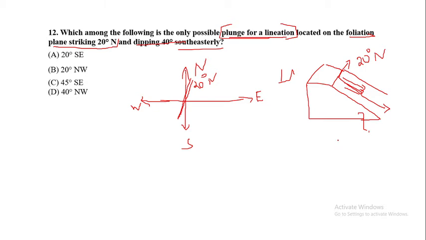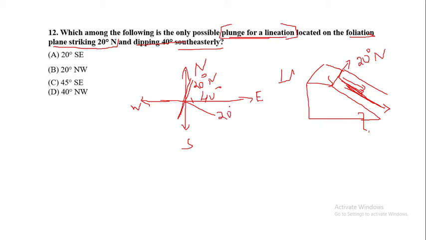So how will we get it? You will get the true plunge perpendicular to the direction of the strike. This will be the true plunge, and it will be perpendicular to the strike. Here this will be the 40, that is the dipping degree. So it will be perpendicular to the strike, in the southeast region, having 20°.